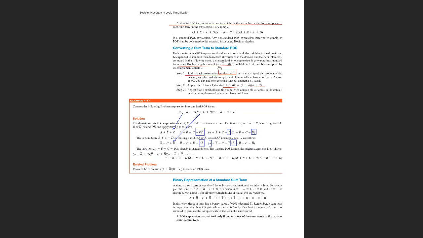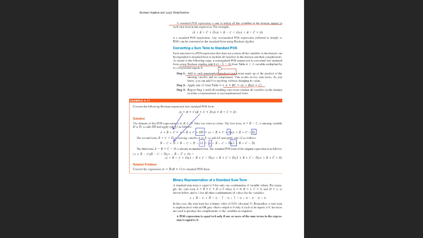And then after having such an extra product term, we can use rule 12 to expand it into the form of a product of sums. Let's have example 4-17, and the POS form is not in the standard form because the first sum is missing D, the second is missing A, the third one is okay, it is in the standard form. So let's take a look at the first sum in which D is missing. We expand A plus not B plus C into A plus not B plus C plus D times not D, which is 0.